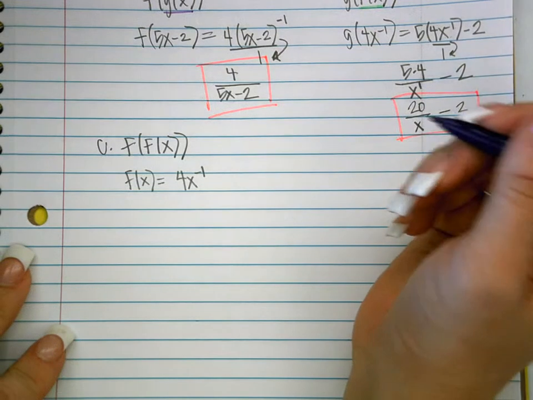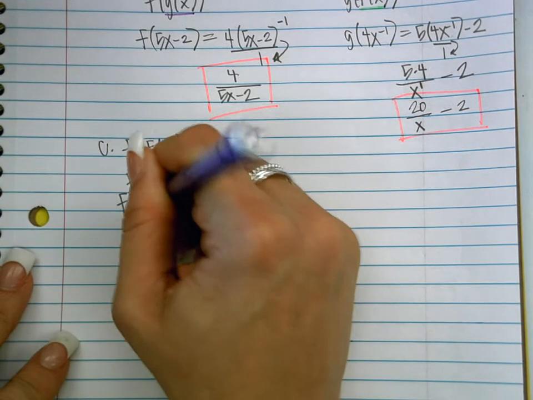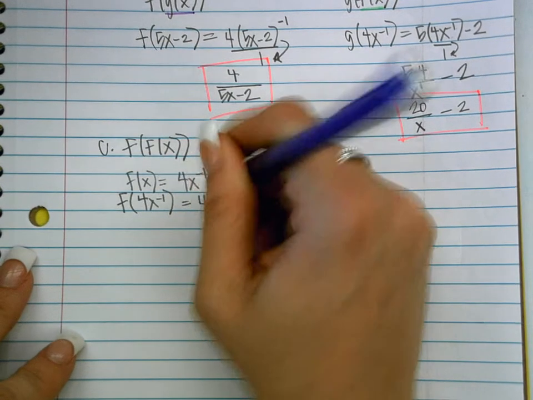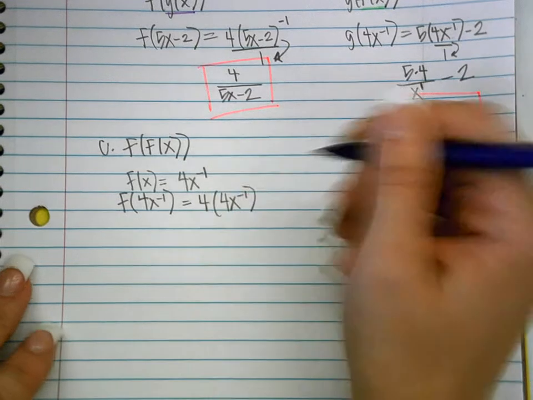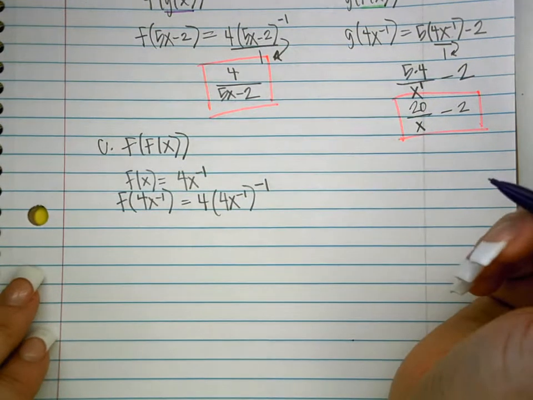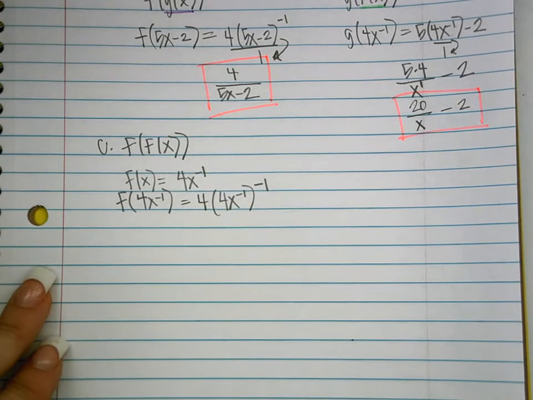Now you need to find f of 4x to the negative 1. So when you plug that in, you'd get 4 times 4x to the negative 1 to the negative 1 power. So you're just plugging into that same equation. How would you do that? What would be your next step?